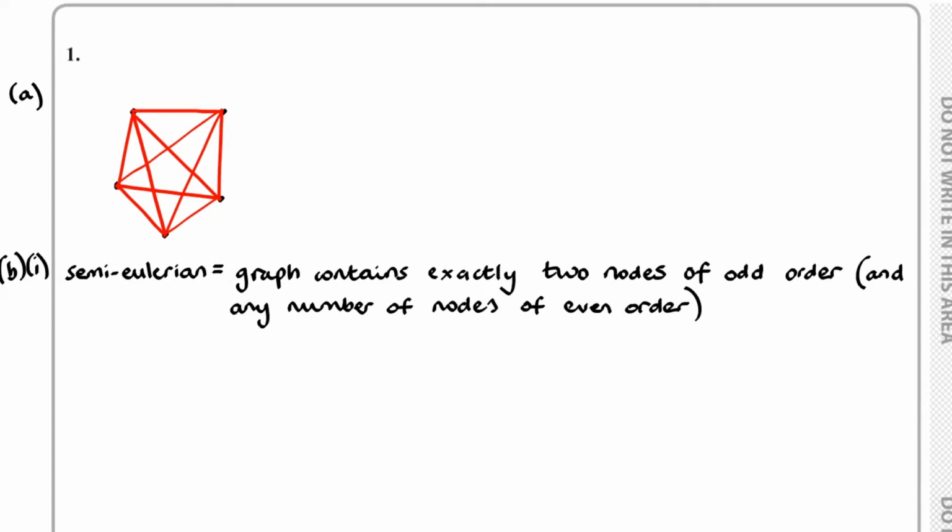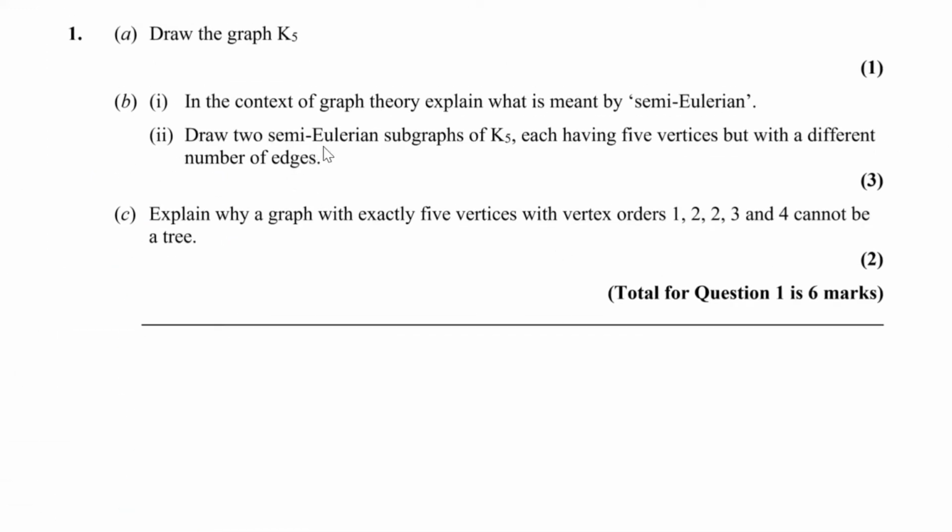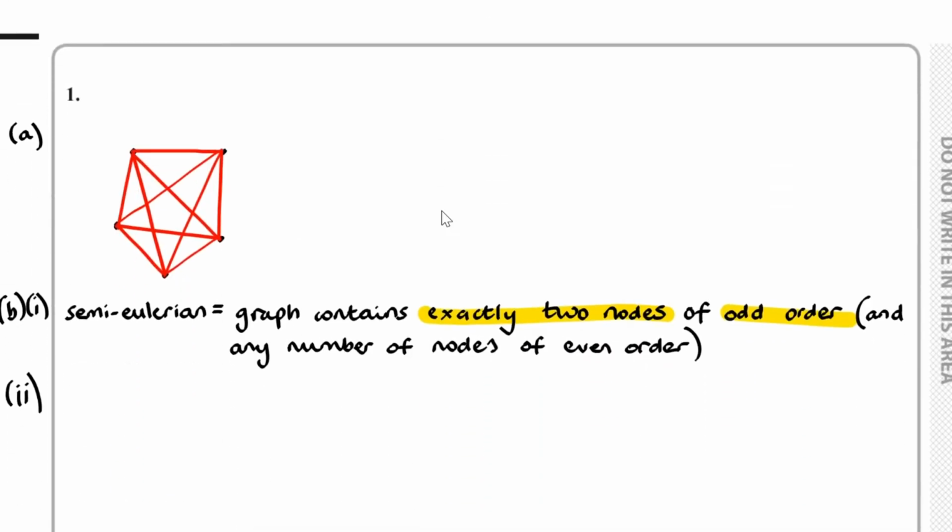The key over here is that it contains exactly 2 nodes of odd order. That's the important bit here. And then for the next part of part B, we have to draw 2 semi-Eulerian subgraphs of K5, each having 5 vertices but with a different number of edges.